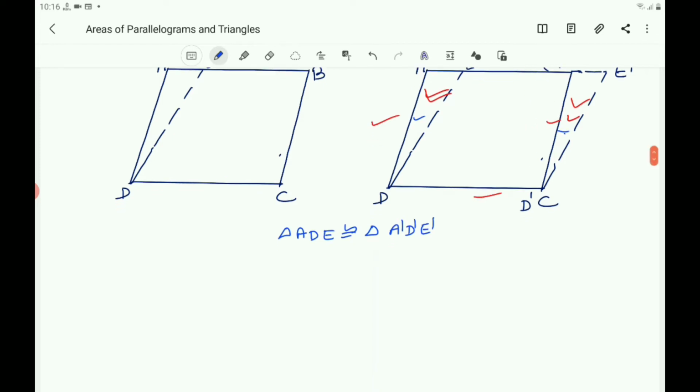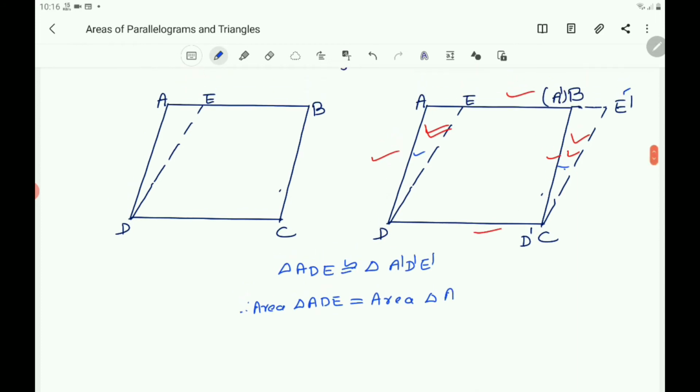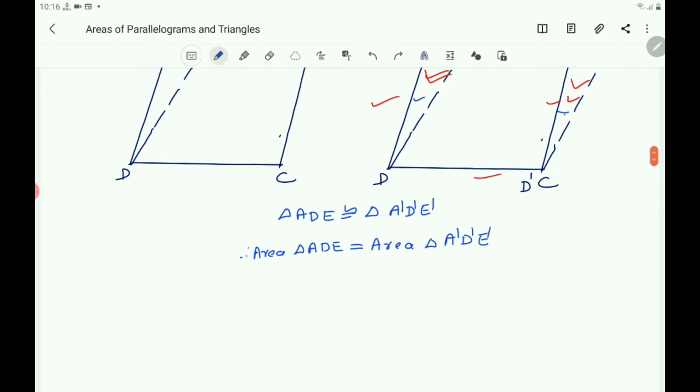Therefore, area of triangle ADE equals area of triangle A'D'E'. As they are congruent, their areas must be equal. Congruent figures have equal areas.